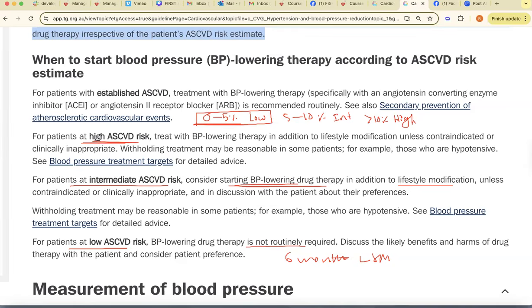And if it is a high-risk patient, then definitely they need to be on blood pressure medication along with lifestyle modification. So if you ask me which group doesn't need antihypertensives, it is the low-risk group. But the intermediate and high-risk groups are the ones who will need antihypertensives if they come to us with a confirmed high blood pressure. Okay?